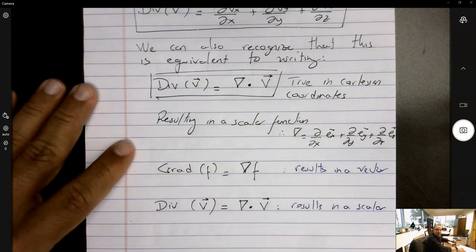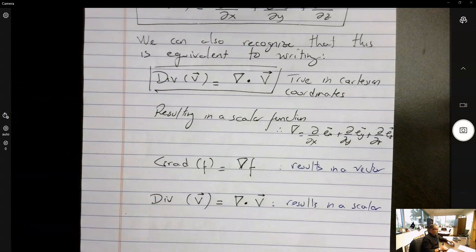They're both vector operators, but the gradient takes a scalar and turns it into a vector, while the divergence takes a vector and turns it into a scalar. So they modify the order of the function completely differently. The gradient increases the order of the function, while the divergence decreases it.